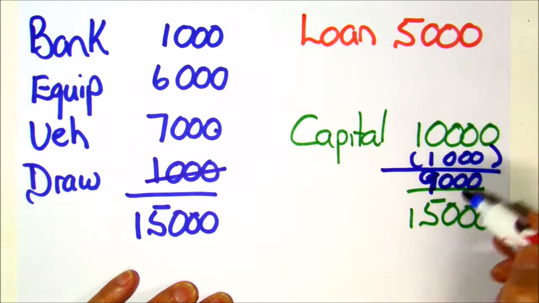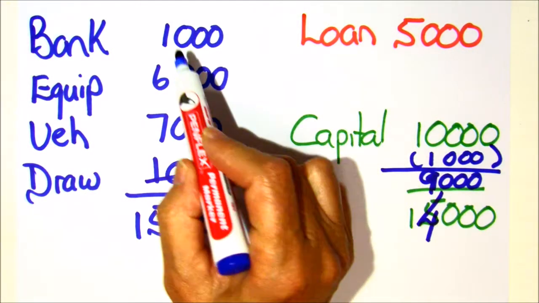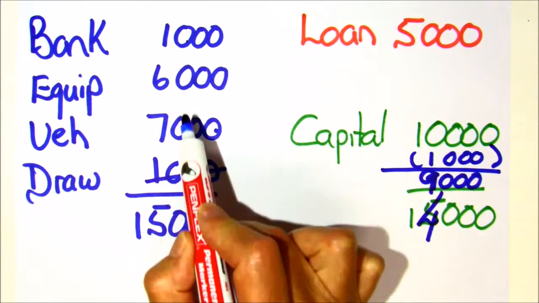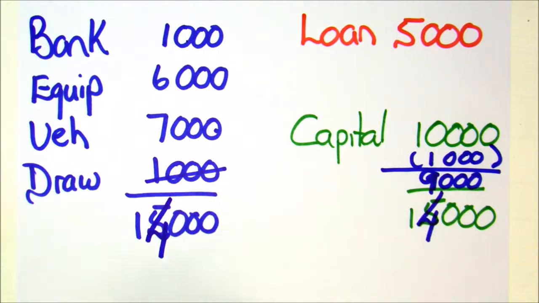So another way of looking at this is to say, right, let's take this and minus it from the capital. So this owner would only have 9,000 Rands worth of capital. That would change him plus the loan of 14,000. And on this side, 1,000, 6,000, and 13,000, still 14,000. Now, although the totals have changed from 15 to 14,000, the 2 sides are still equal.